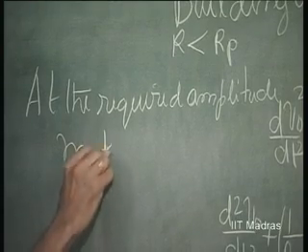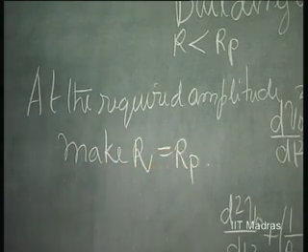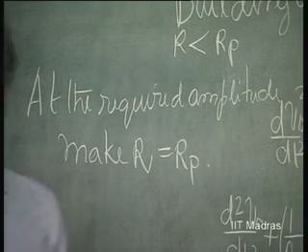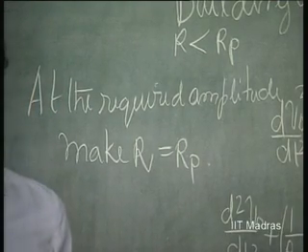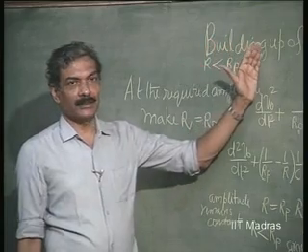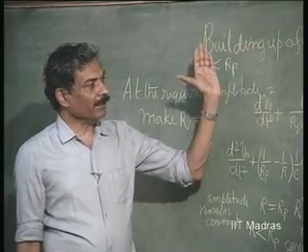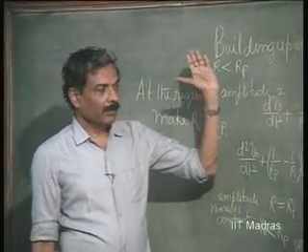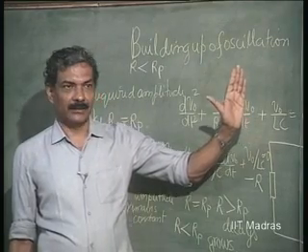make R equal to Rp. So, this is the strategy which is adopted in every harmonic oscillator, so that the oscillation starts. Invariably, it will be pretty close to the imaginary axis, but it will be on the right half of the S plane.